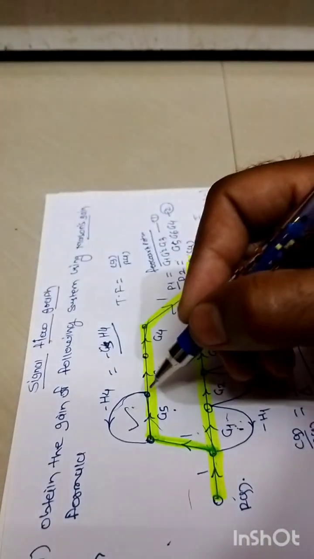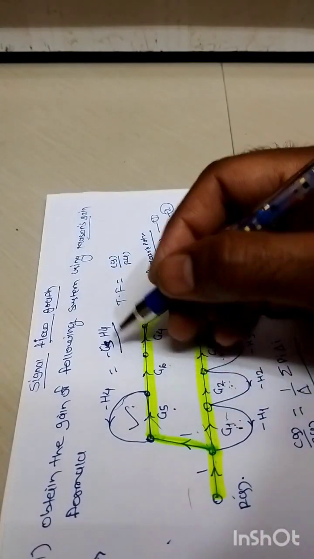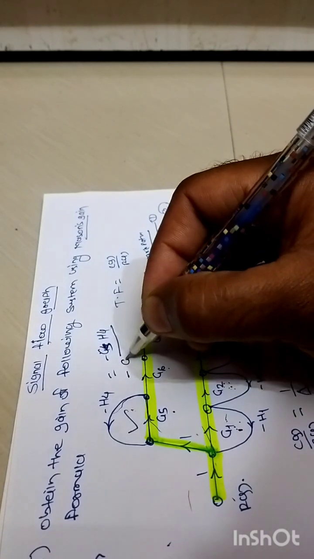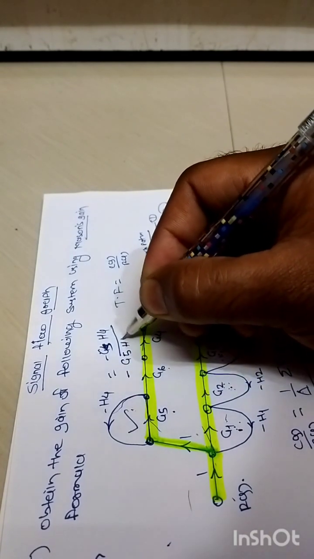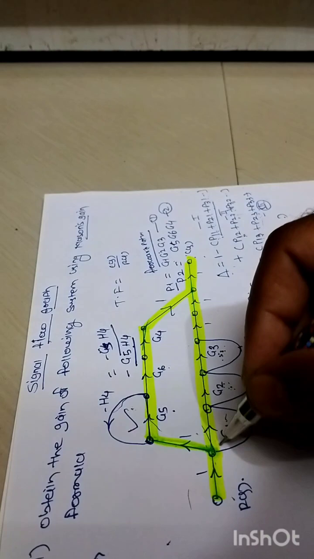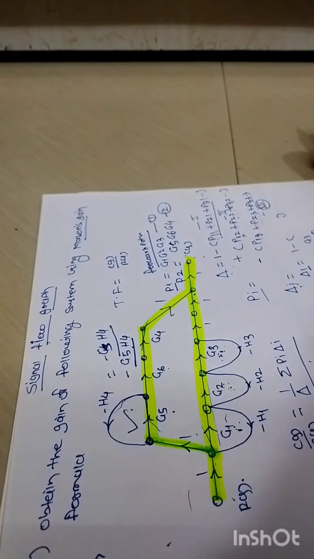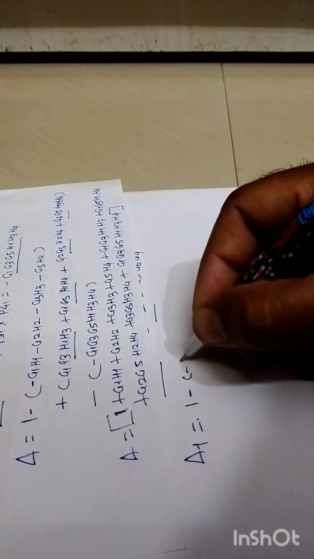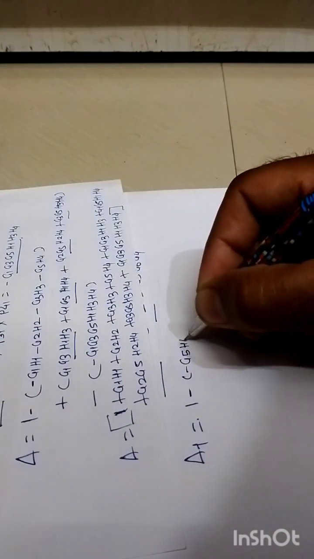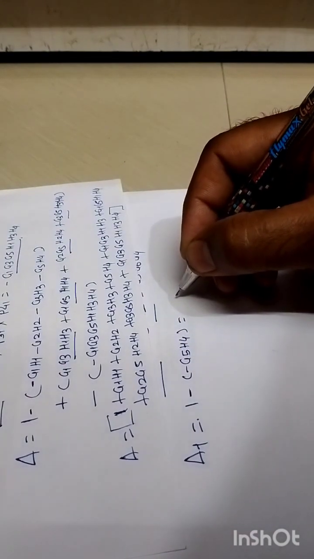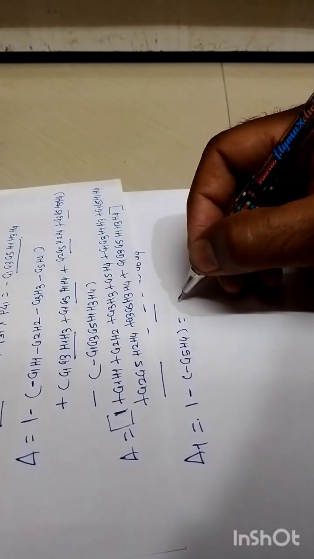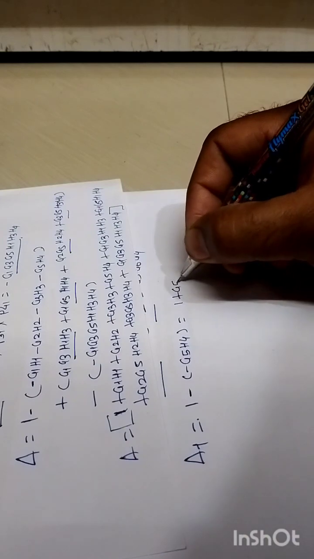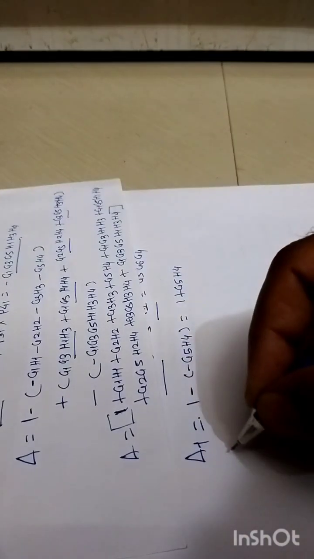That loop is this loop number 4, whose gain is minus G5 times H4, which has nothing to do with this forward path number 1. So our delta 1 will become 1 minus of minus G5 into H4. So delta 1 will become 1 plus G5 into H4.